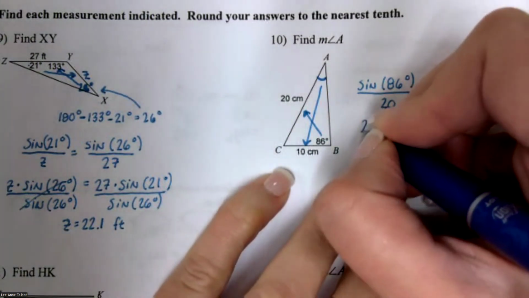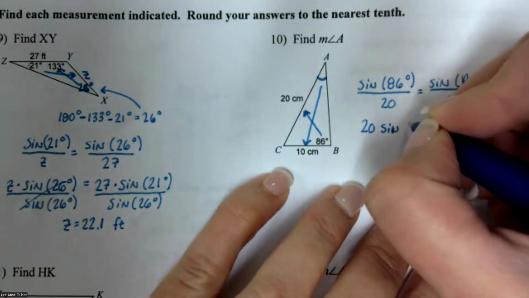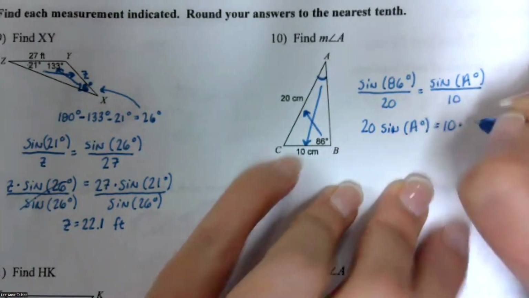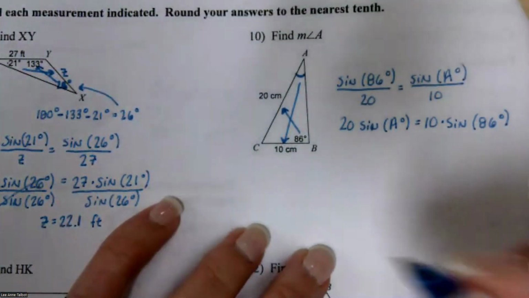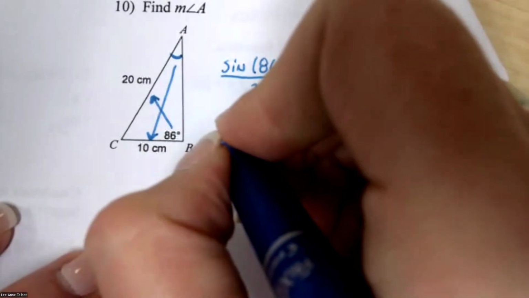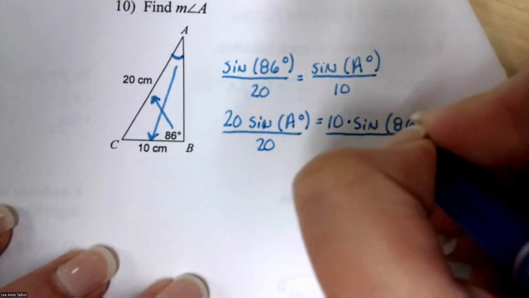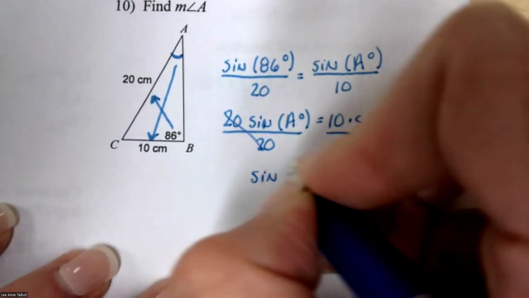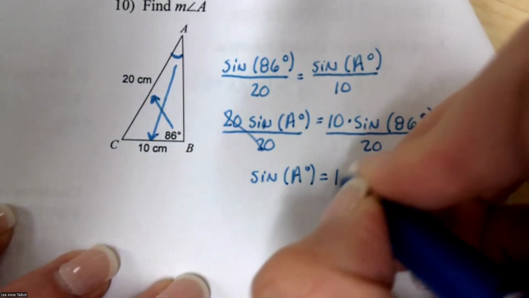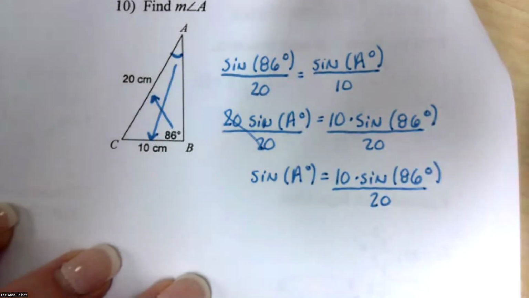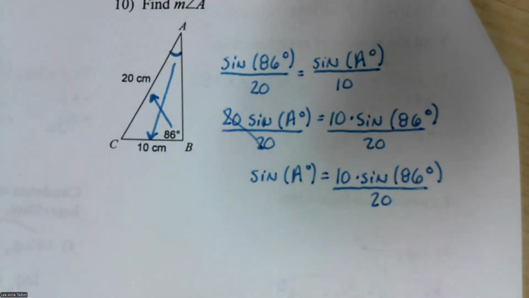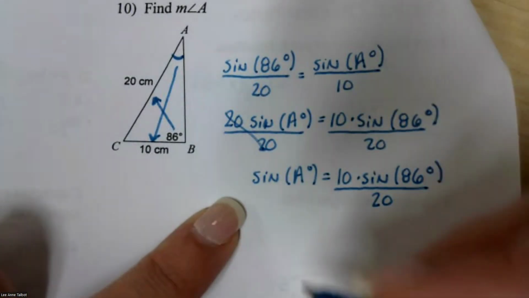Okay, cross multiply. Okay, and then to undo sine, I'm going to do sine inverse.